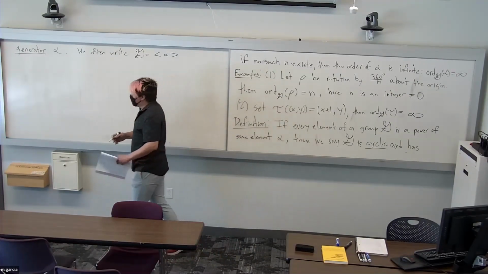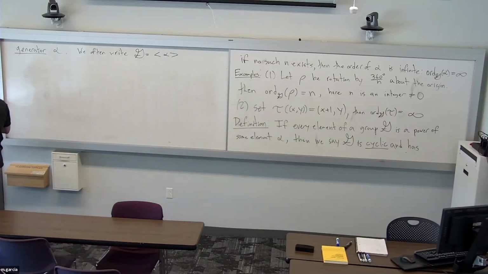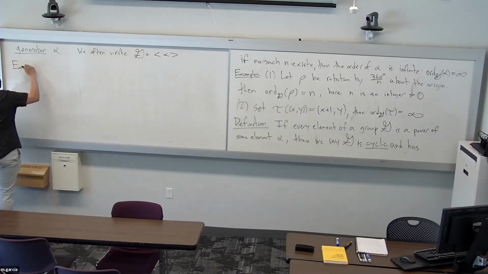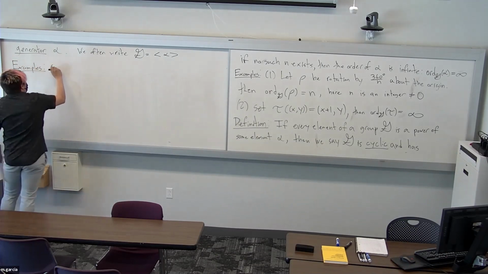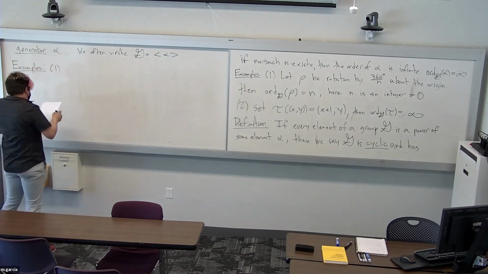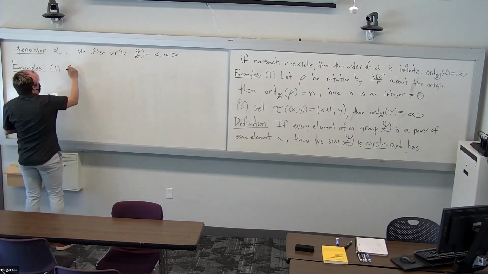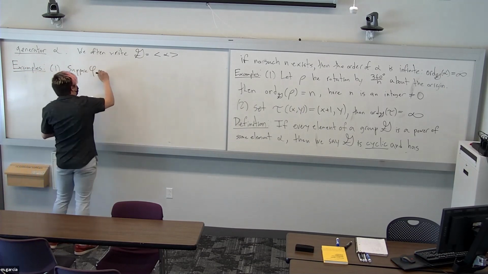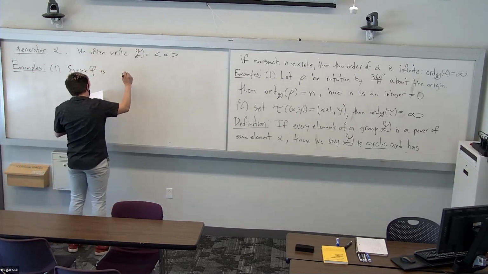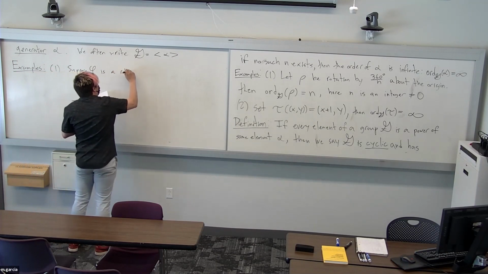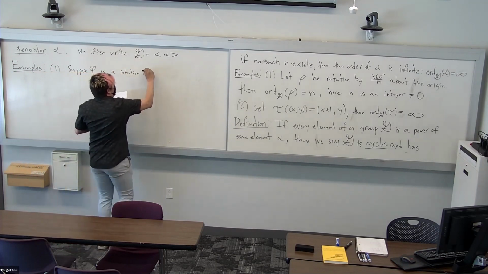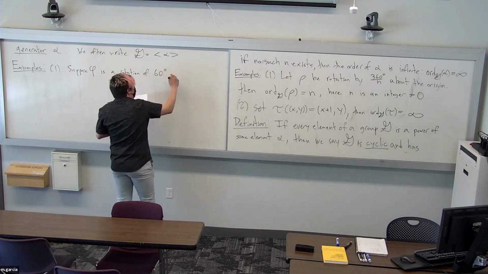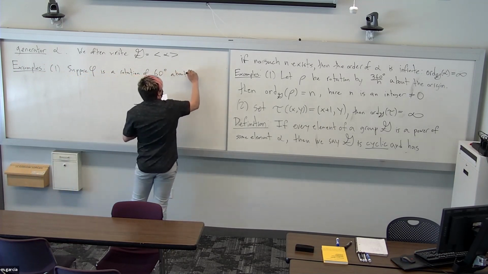So, let's discuss a couple more examples. Let's suppose phi is a rotation of 60 degrees about the origin.